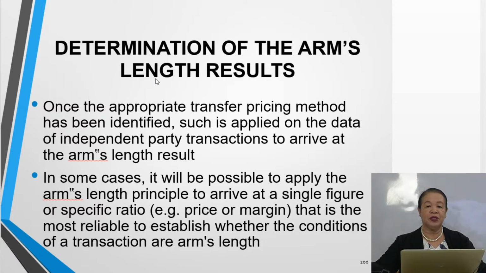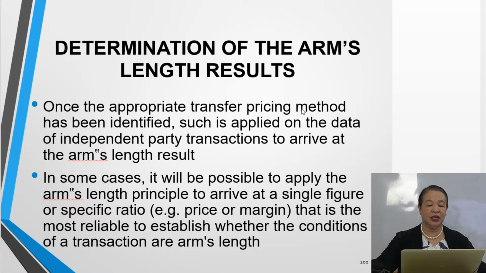The arm's length principle is comparing the related party transactions with that of the independent or unrelated transactions. And transfer pricing says the true transactions are the unrelated party transactions because they have no element of control. Now, we have done our comparability analysis, we have compared.